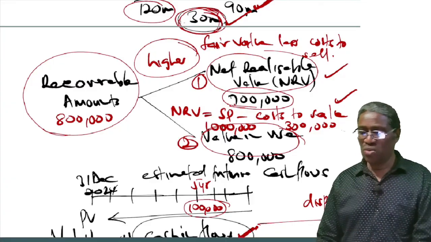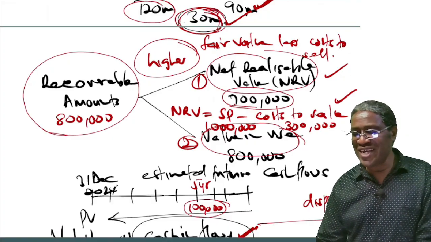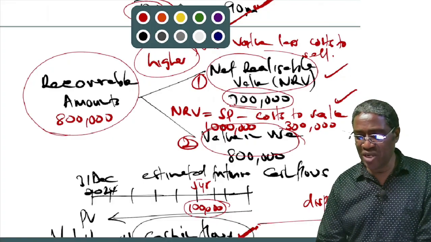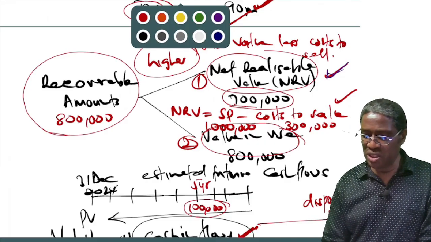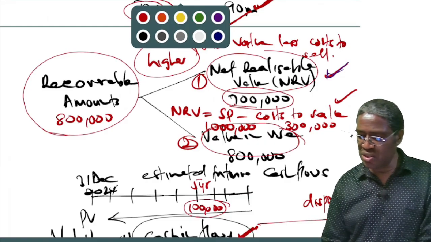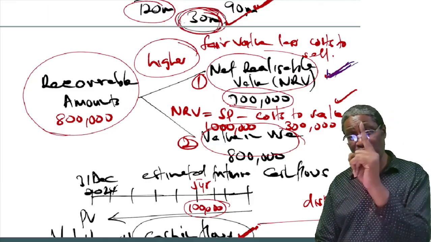Number one value you have to calculate for that asset is what we are calling the net realizable value. That is one of the figures you have to calculate.